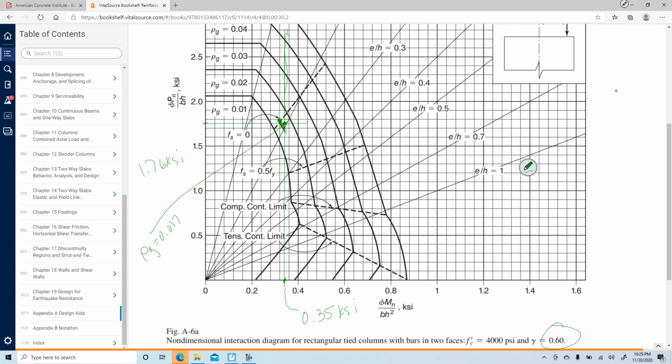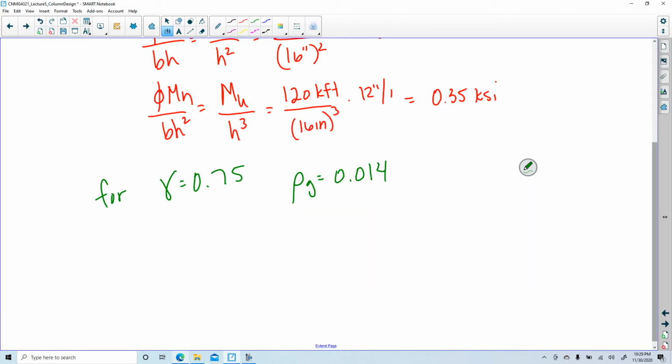Right, you're between, this is 0.01, this is 0.02. You're a little over halfway between. So, let's see. I'm going to say 0.016.